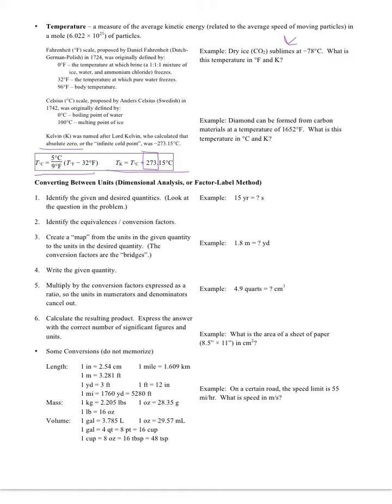I'm going to rearrange the equation a little bit to solve for Fahrenheit, and it's actually not that hard. So we're going to do degrees Fahrenheit equals, we're going to flip the Celsius Fahrenheit conversion. So 9 degrees Fahrenheit over 5 degrees Celsius, okay?